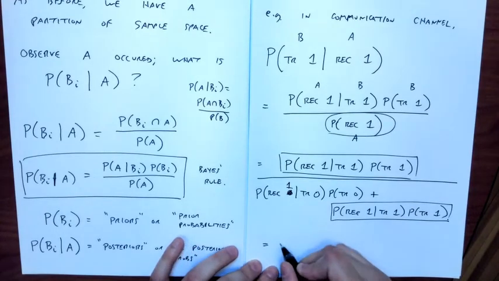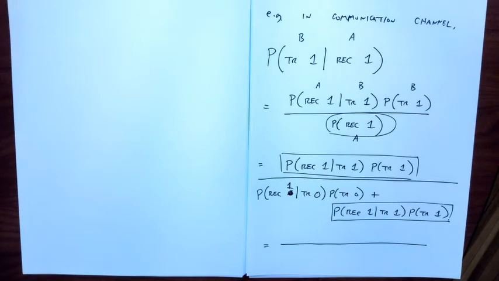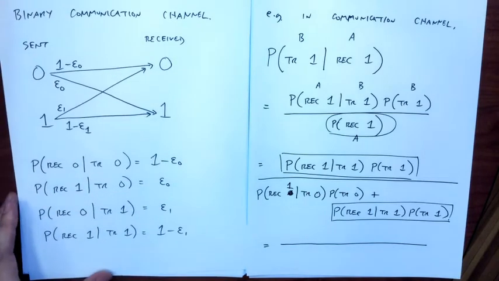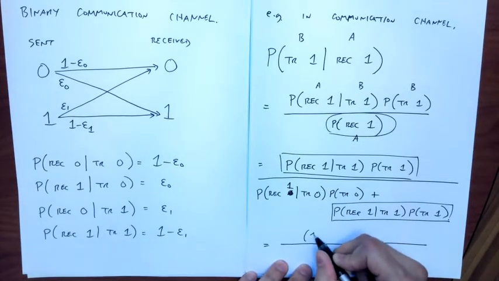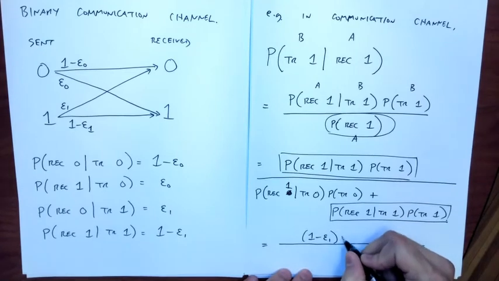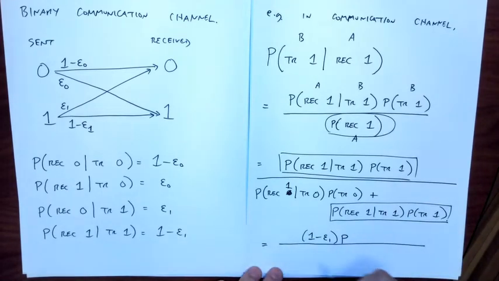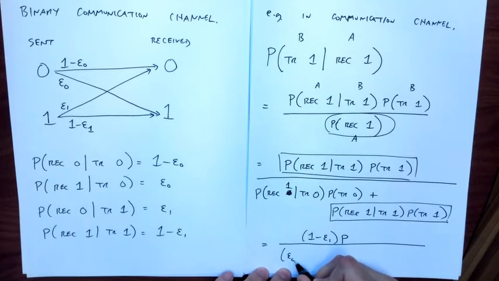And I can compute each of these pieces if I use my same numbers from last time, right? So here I had that the probability that I received a 1 given that I transmitted a 1 was 1 minus epsilon 1. The probability that I transmitted a 1 I called P earlier. And then the other part, the denominator, is the probability that I received a 1 given that I transmitted a 0, which is epsilon 0.